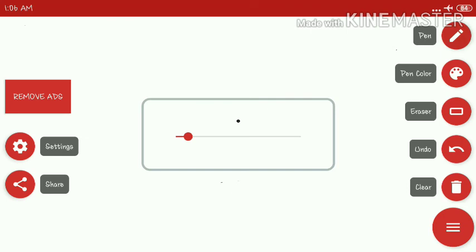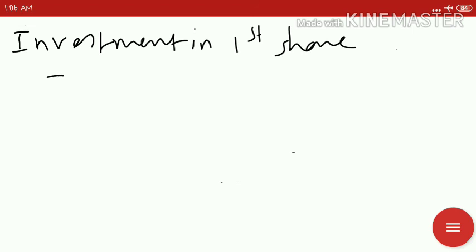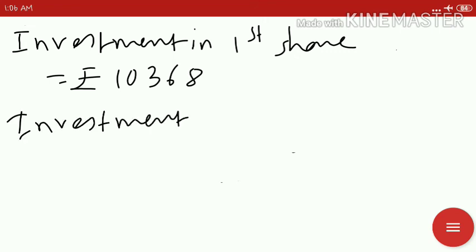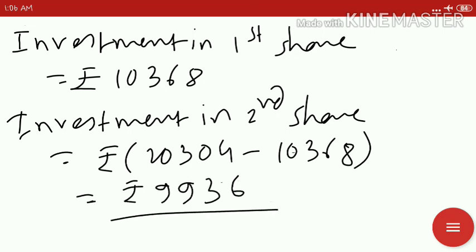So the investment in the first share is rupees 10368, and the investment in the second share is rupees 20304 minus 10368, that is rupees 9936. So those two are the investments for the two different types of shares.